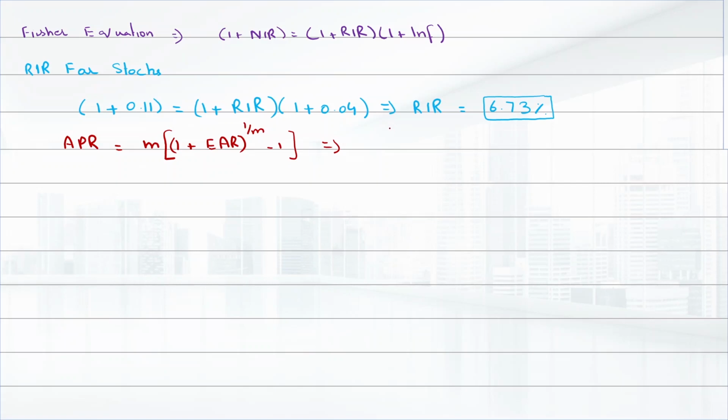So that will be 12 times (1 plus 0.0673) raised to the power 1 by 12 minus 1, and the answer is 6.53%.